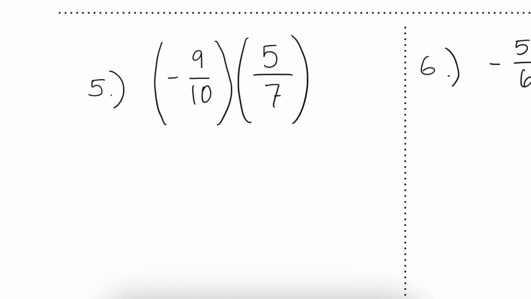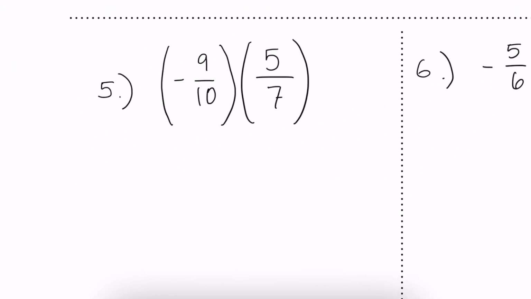Okay, problem number 5. This is just basic fractional multiplying. How this works is you just multiply the numerators together and you multiply the denominators together.